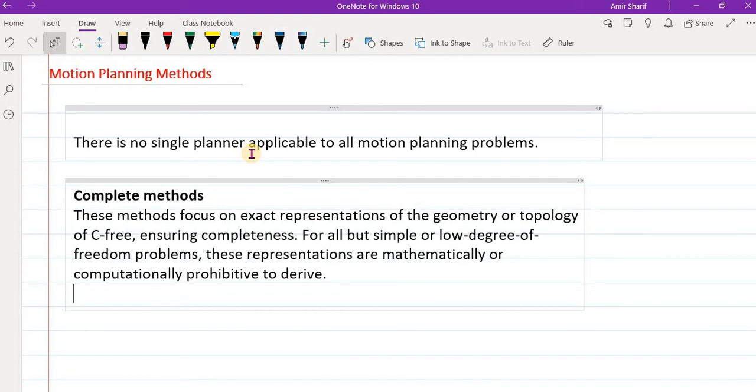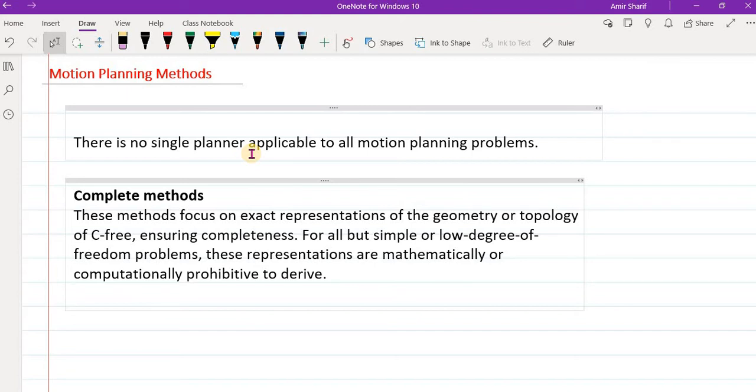There are many motion planning methods actually. In this course we shall not go into detail of all of them, but if you are interested, then you have to study by yourself.